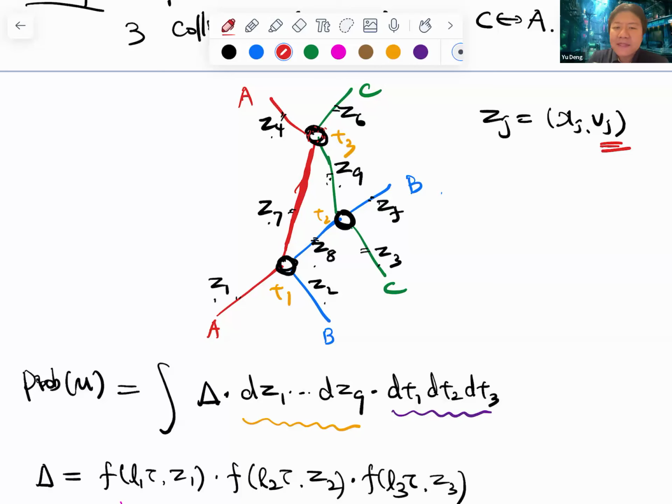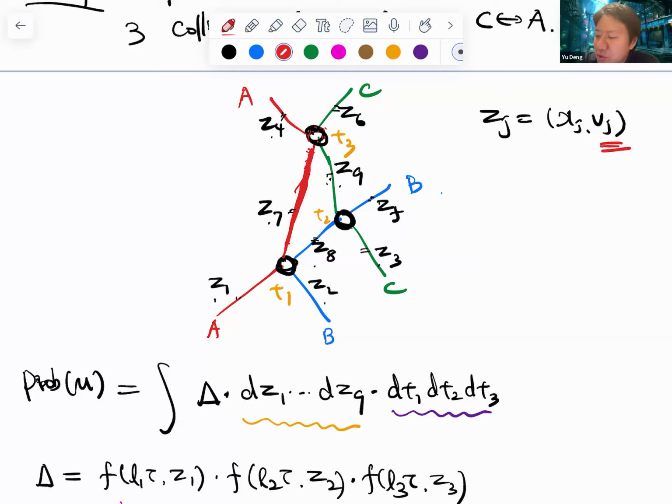And then what is this Xj? Again, in this time the particle is linearly transported, so the trajectory of the particle is represented by a single line.